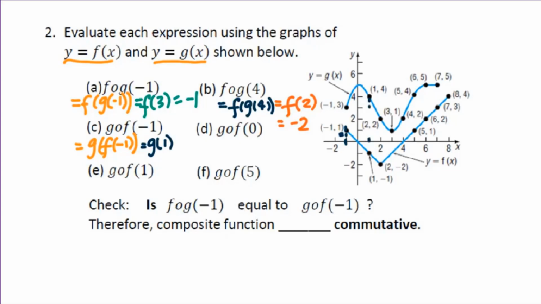Then we draw a vertical line to pass through the g function. That equals 4. From A and C, we know they are not equal to each other. Therefore, composite function is not commutative.